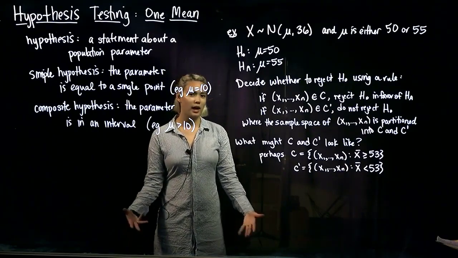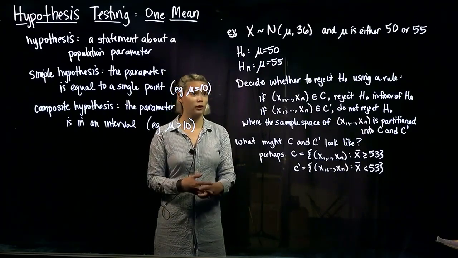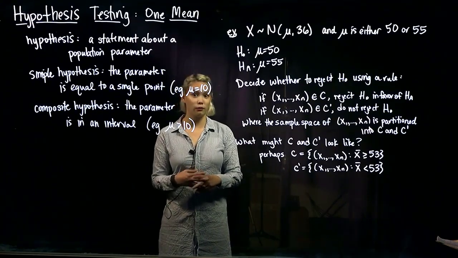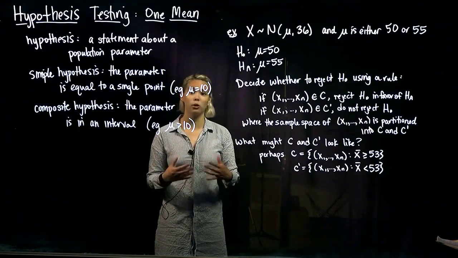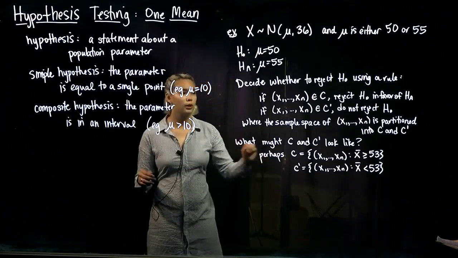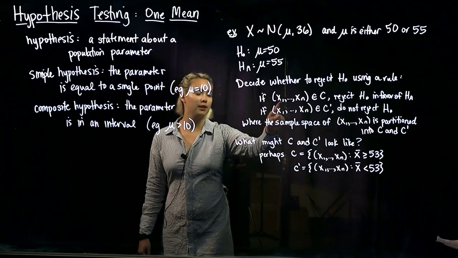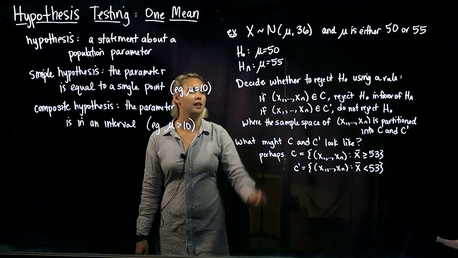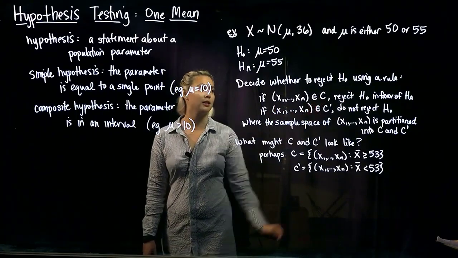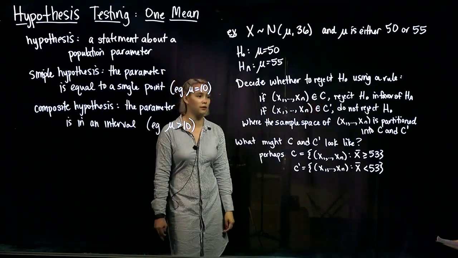All right, so how do we actually decide whether to reject the null hypothesis or not? So we're going to form some kind of rule, and that rule will tell us whether or not to reject the null. So perhaps this is our rule. If the set x1 through xn is in some interval C, we're going to reject the null in favor of the alternative.